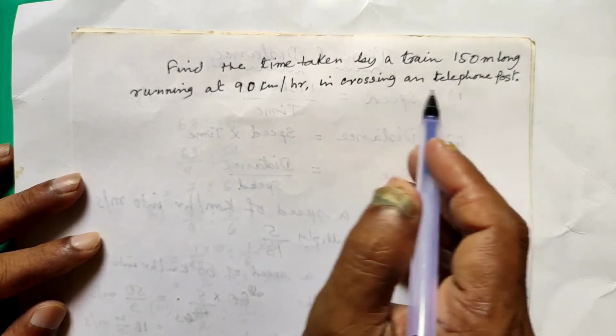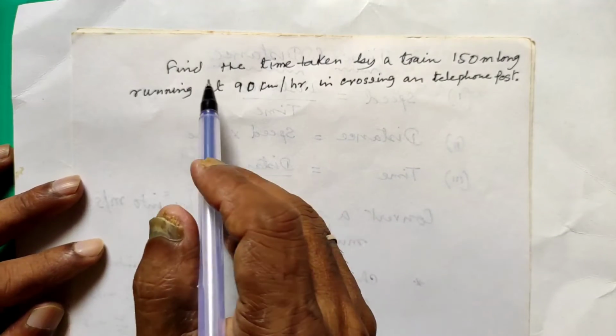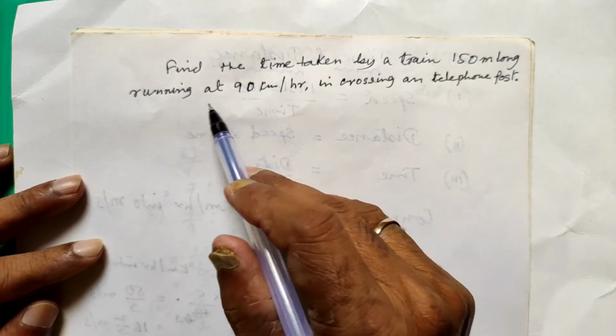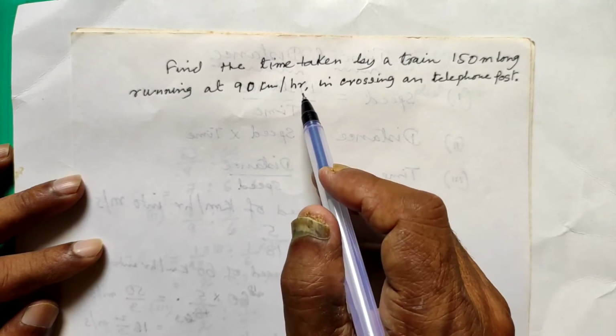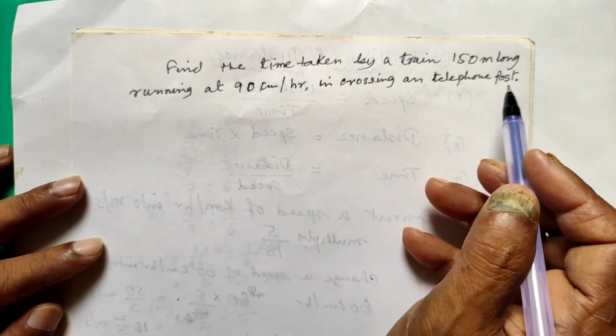So, over here we are doing the telephone post, okay. The sum says find the time taken by a train 150 meter long running at 90 km per hour speed in crossing a telephone post.